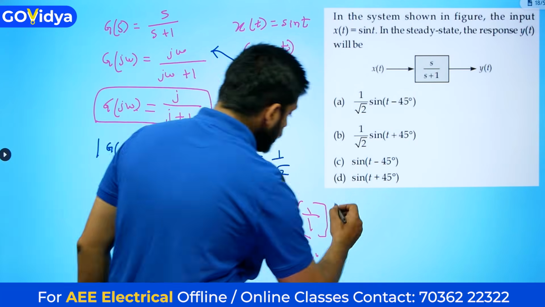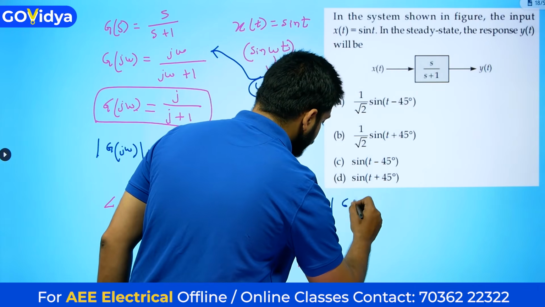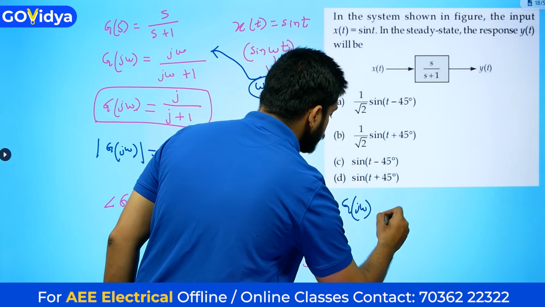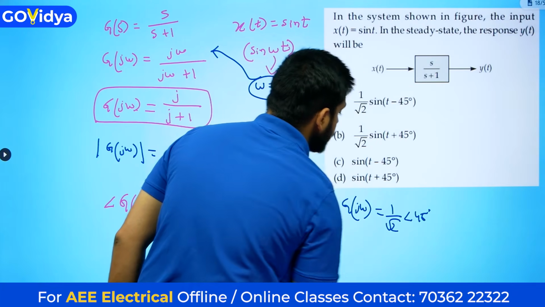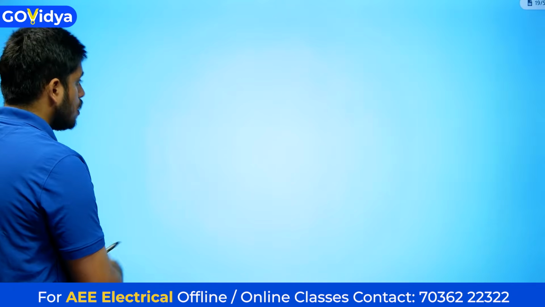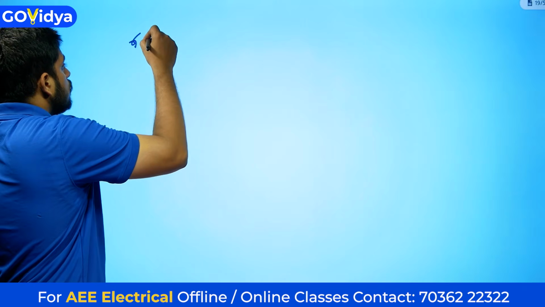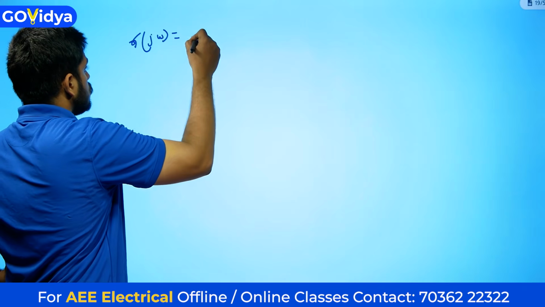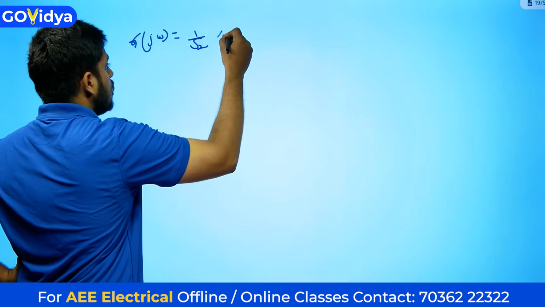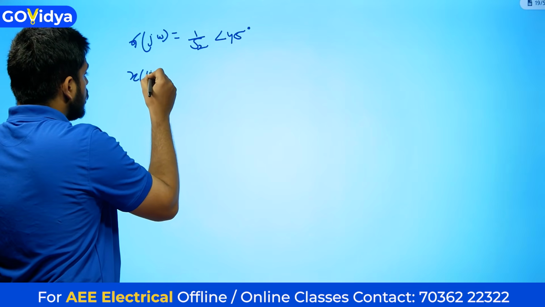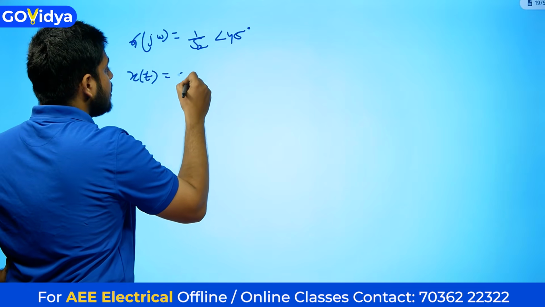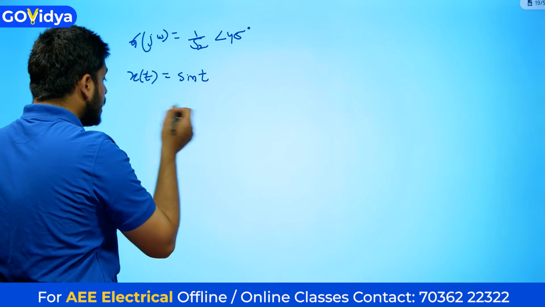So g of j omega is represented as 1 by root 2 angle 45 degrees. What is my x of t already? Sin t. What do I require?